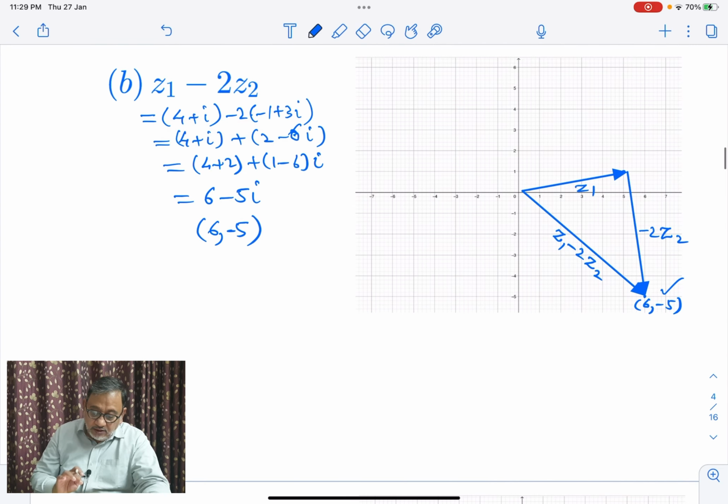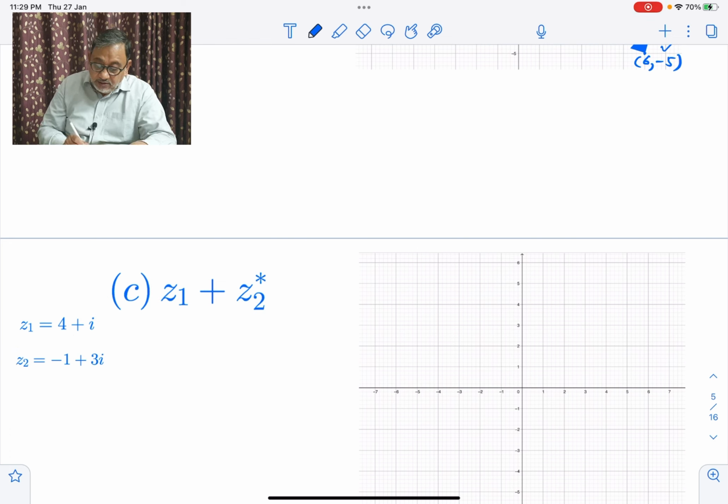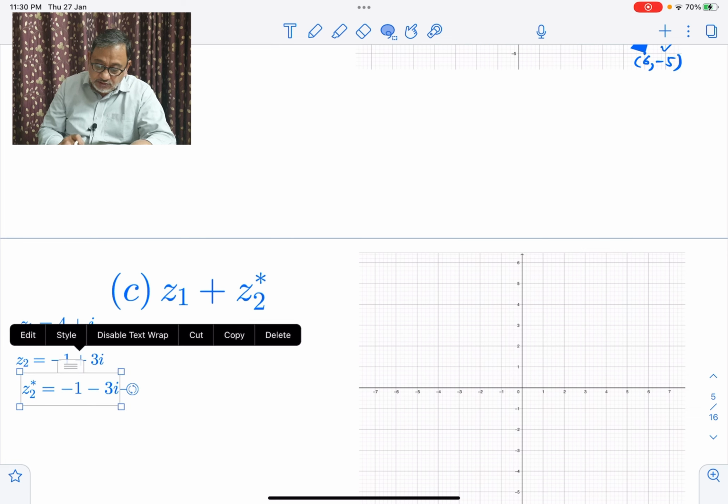Let me find z2 conjugate because we have to use z2 conjugate here. So z2 conjugate will have the real part as it is, and the imaginary part will be negative 3i. This is z2 conjugate. I hope you understood how I found the z2 conjugate.